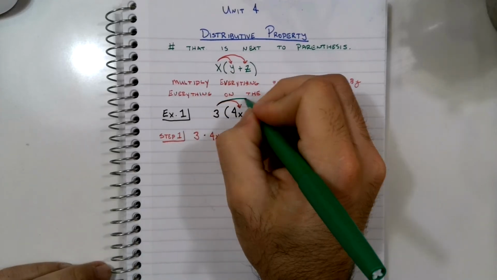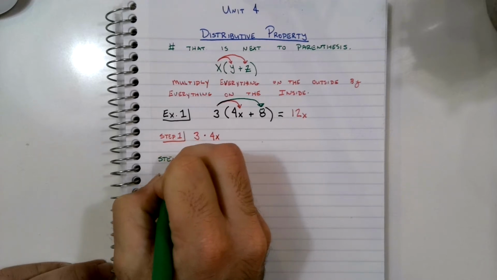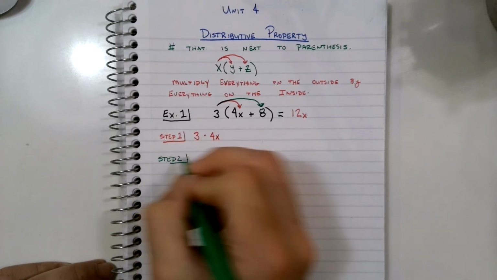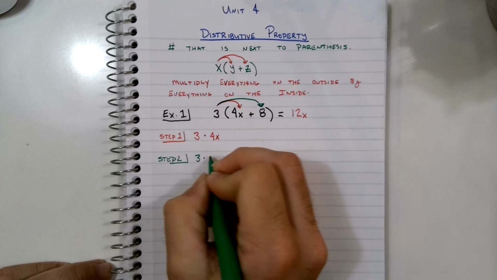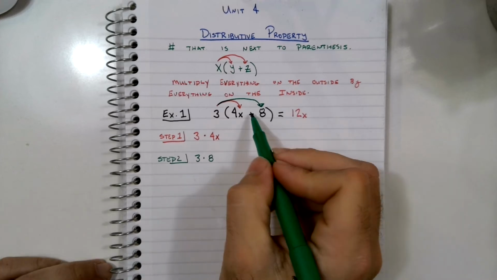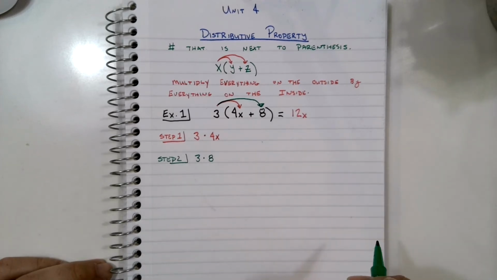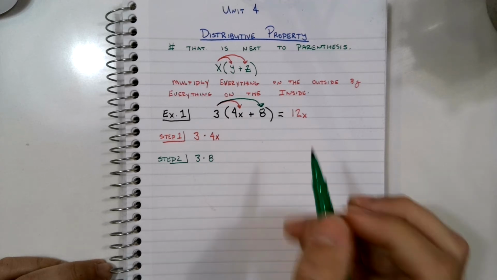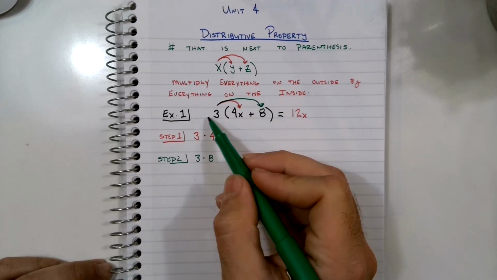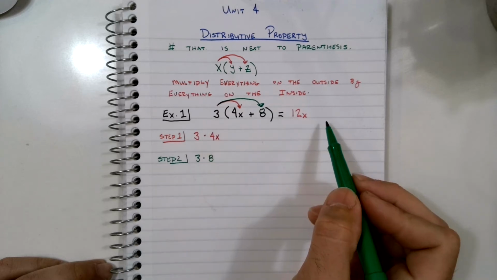Step 2, we have 3 times the second number, 3 times 8. Now, one thing I want to let you know, it's a little trick. Don't just take this plus sign and bring it over, okay? A lot of times you're going to have a plus, and maybe this number right here is a negative, and that would actually be negative 24.